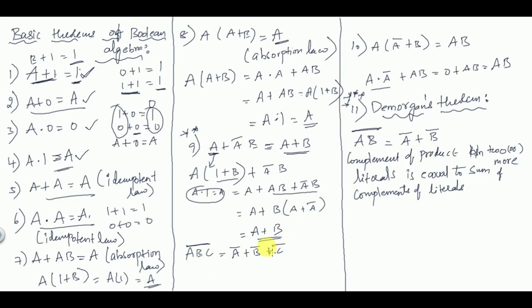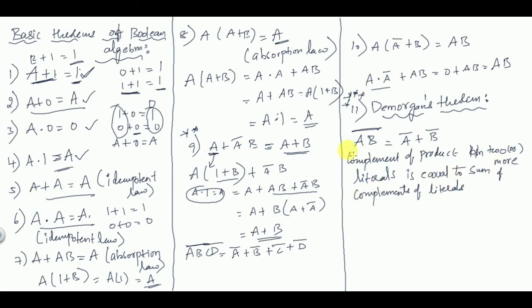You can extend it to 4 variables also: (ABCD) whole bar is equal to A bar plus B bar plus C bar plus D bar. If you have another literal D here, you get D bar. That is why I have written two or more literals.